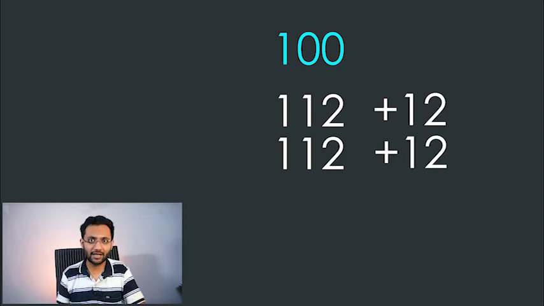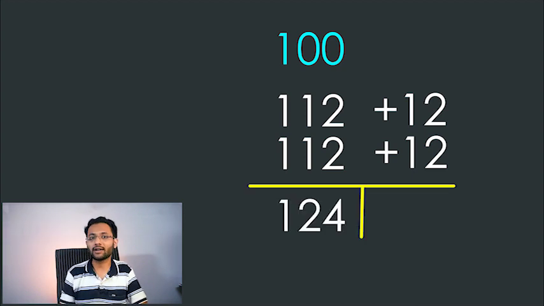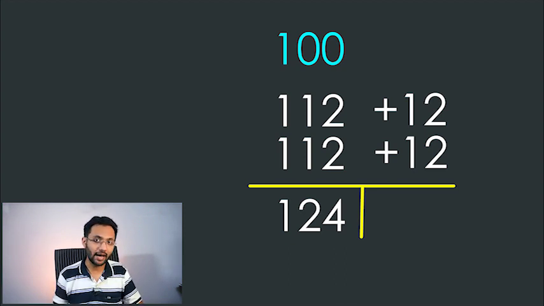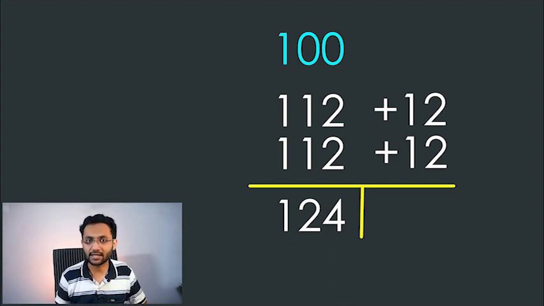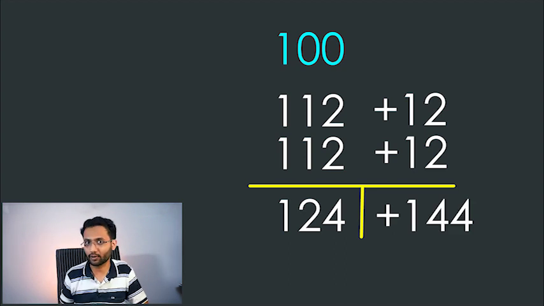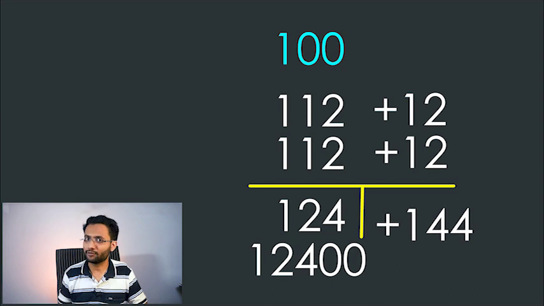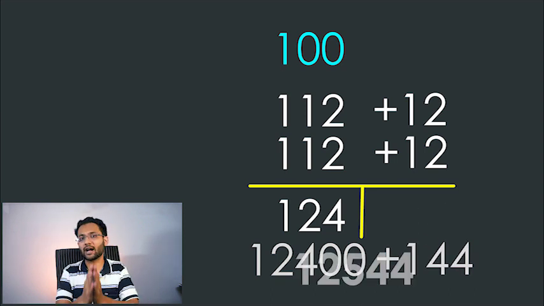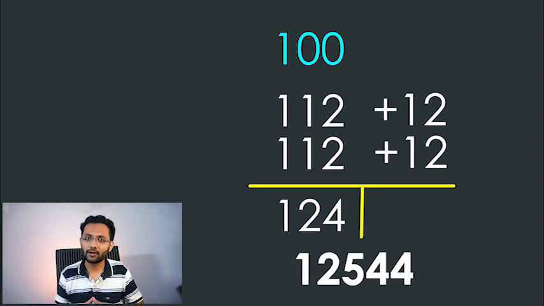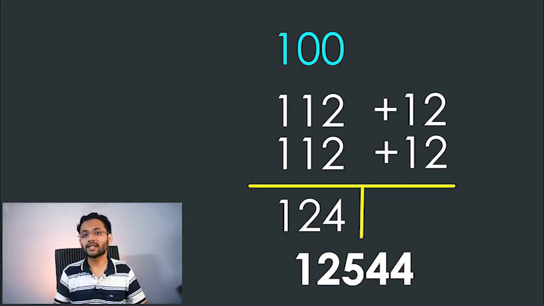Now cross addition. 112 plus 12 is 124. Now algebraic multiplication. Plus 12 multiplied by plus 12 is plus 144. Now multiply this number by 100 and add 144, and here is your answer 12544. To solve this multiplication, you should know the square of 12, which is 144.